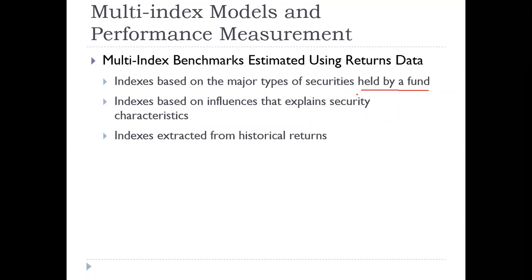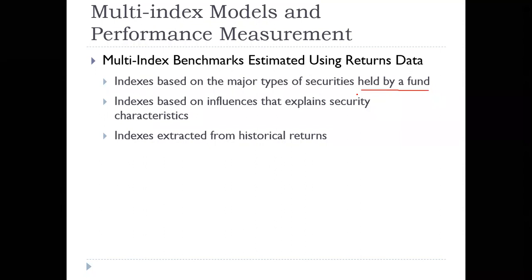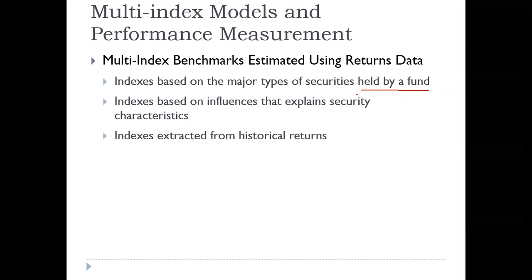Have I got the question? The fund we are considering right now is a bond fund, and the index which we are proposing to include to assess the performance or to determine the alpha includes only stocks.